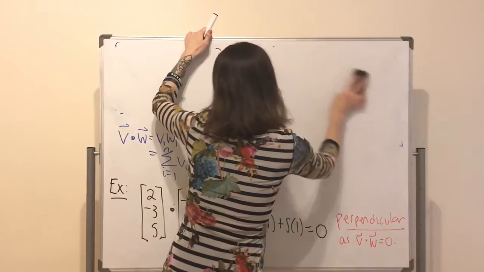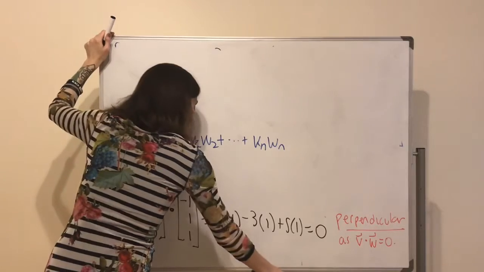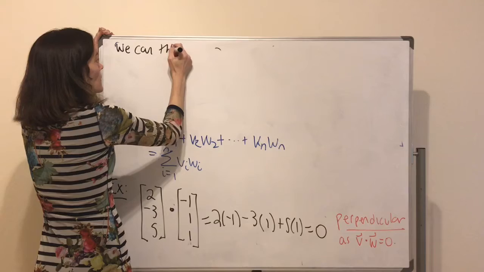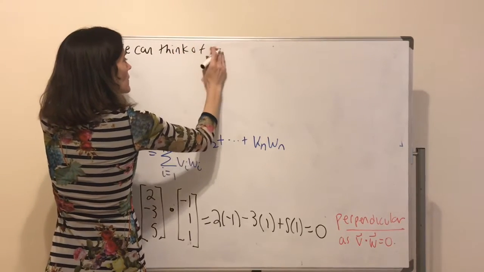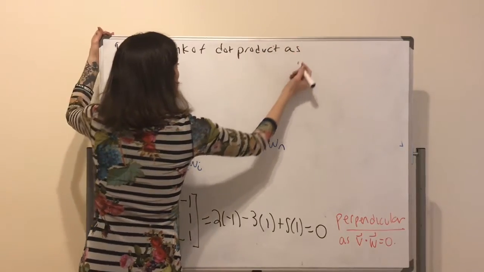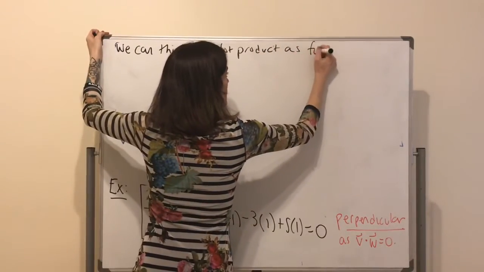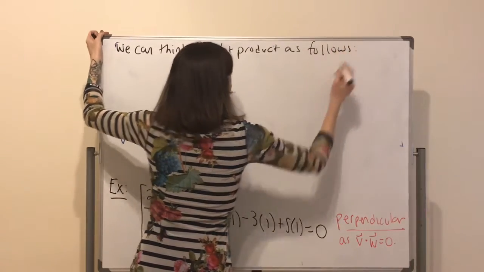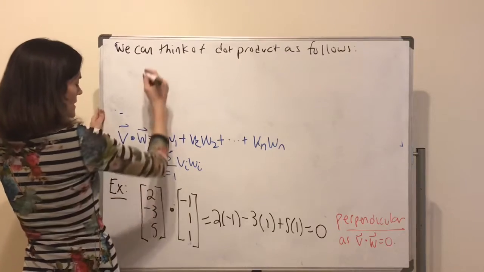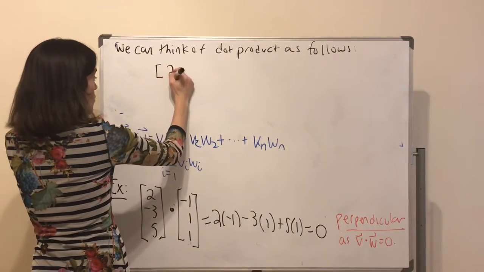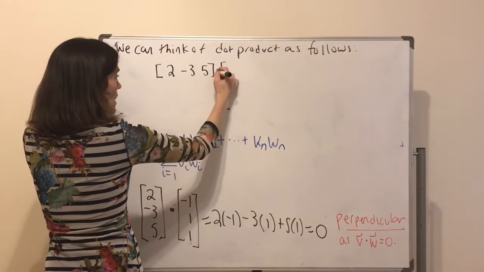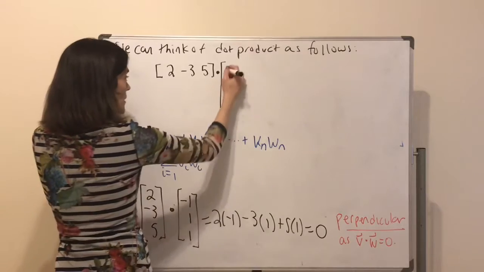So we can think about the dot product where, let's do these exact two ones, I line up my first vector as a row. I line up my second vector as a column. I'll put the dot. It's fine. I'm doing the dot product.